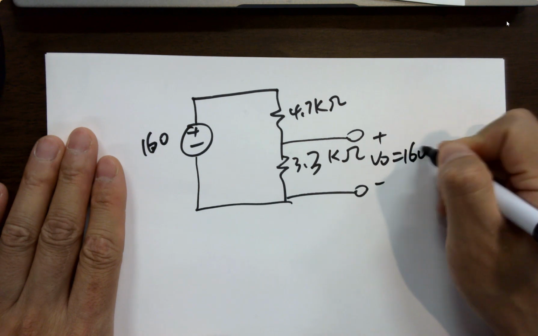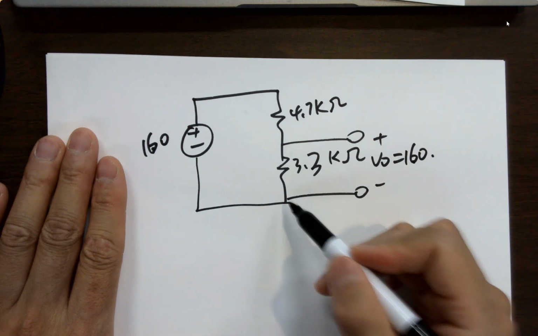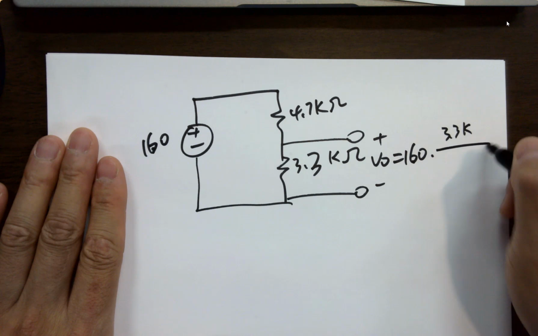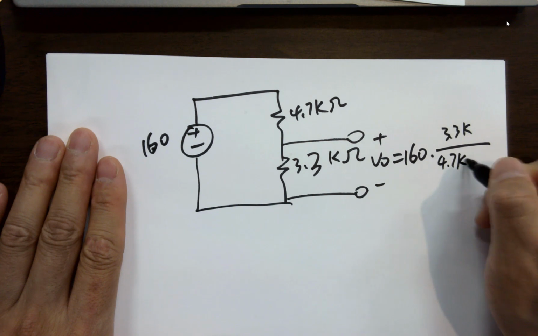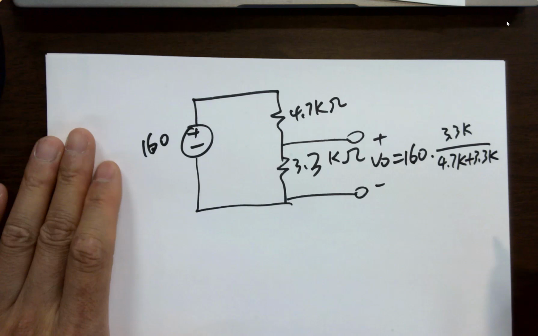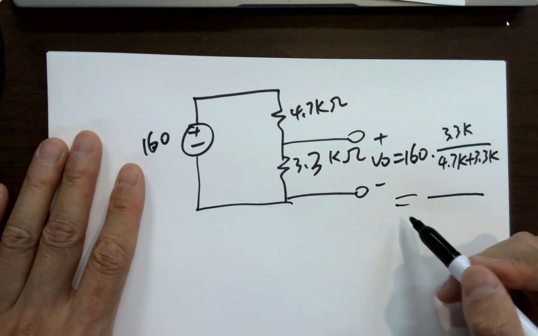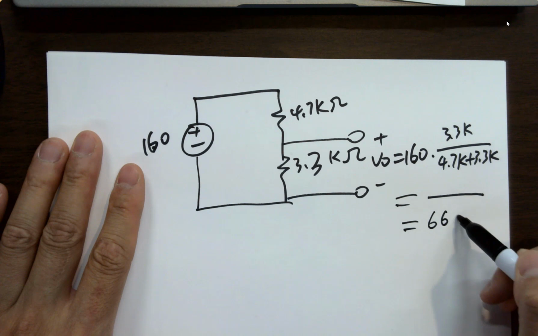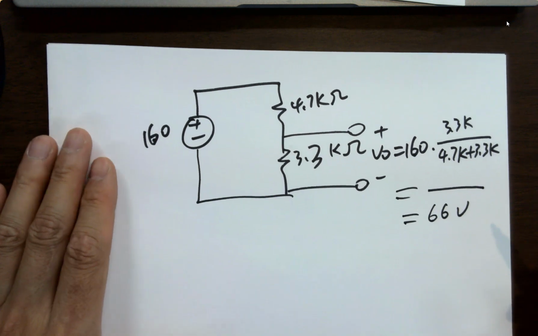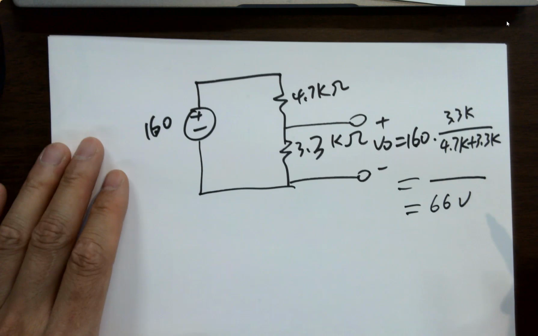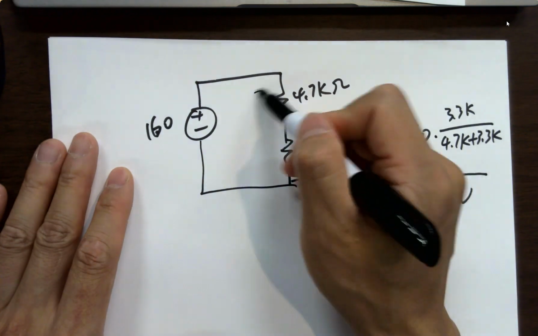Total voltage, 160 times 3.3K, right? Over 4.7K plus 3.3K. So you can directly use it, and then you can calculate it, right? That's 66, I suppose? Okay? And then the voltage here.